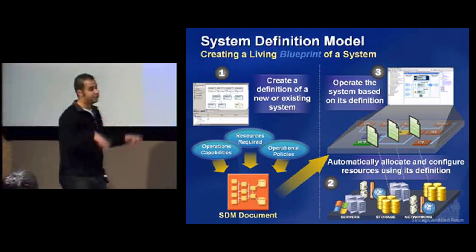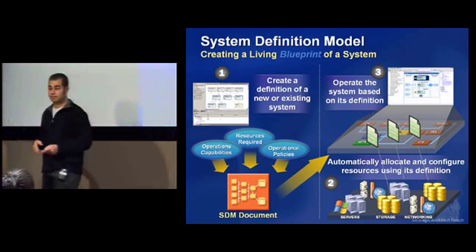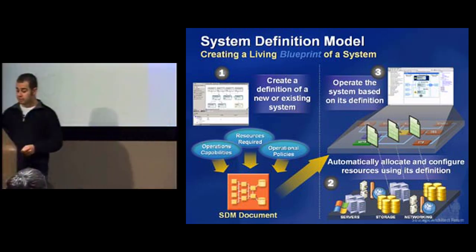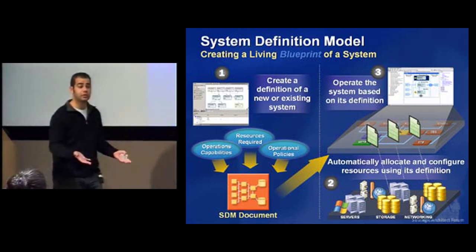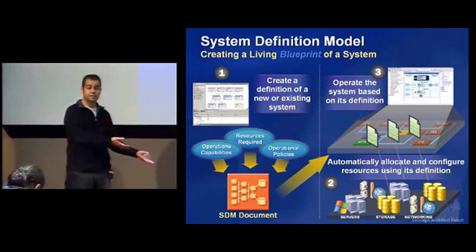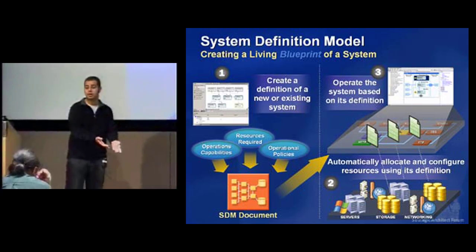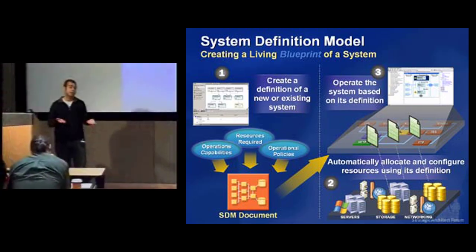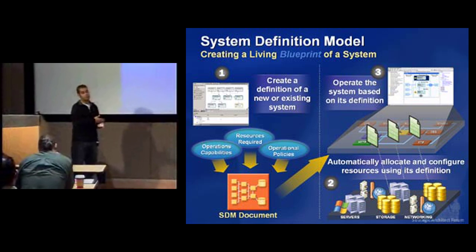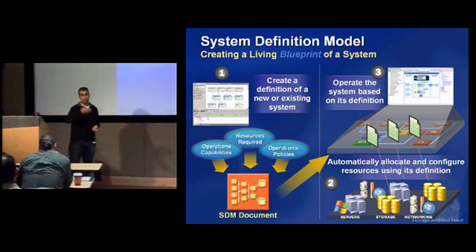We typically refer to this as building a blueprint of a system, which is, in a way, a document that describes the entire system, including all the information that's pertinent to the development phases, the deployment phases, and the ongoing management phases of a system. It's a document that is persisted with the system throughout its life cycle until it's decommissioned.